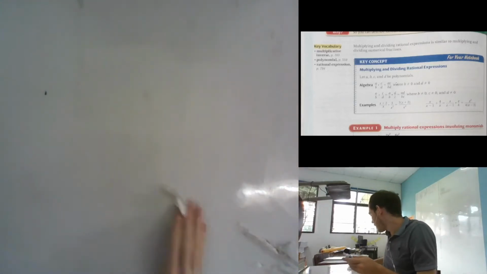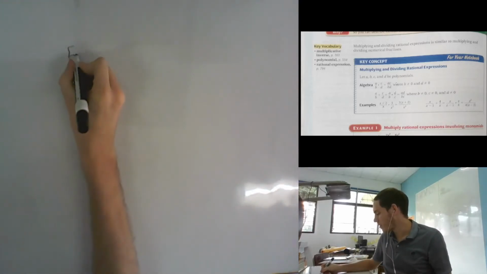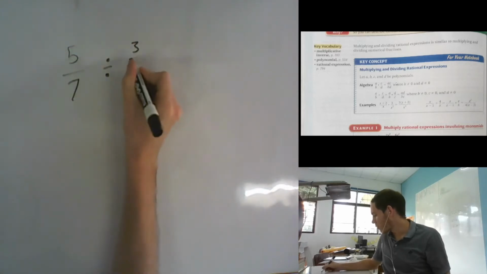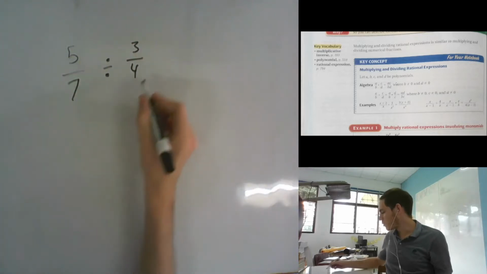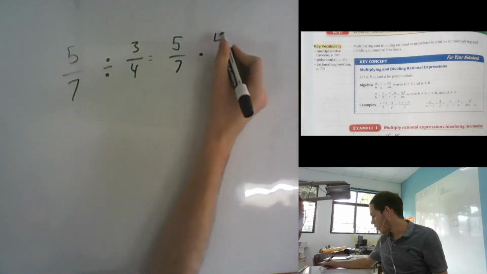So, multiplication, rather simple. We just multiply the top, multiply the bottom, and then we're going to simplify after we multiply, okay? So division: let's say we had 5 over 7 divided by 3 over 4. We would rewrite this as 5 over 7 times 4 over 3.